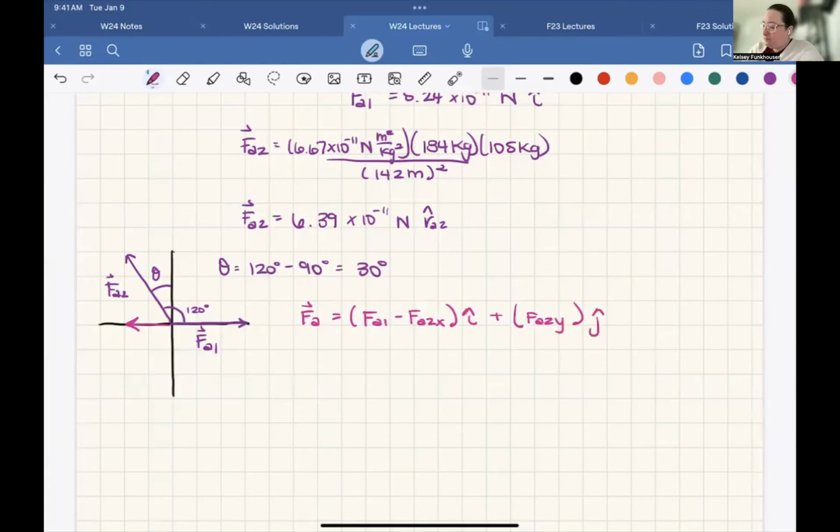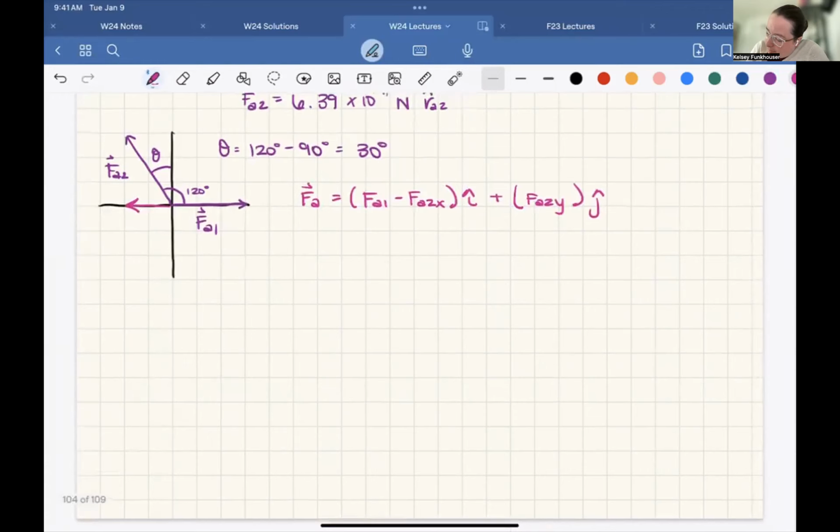And one thing, well, first I'll just write over here that the x component of 2 is sine of theta, so FA2 sine theta. The y component is cosine of theta, FA2 cosine theta. So that's what we'll plug in there.